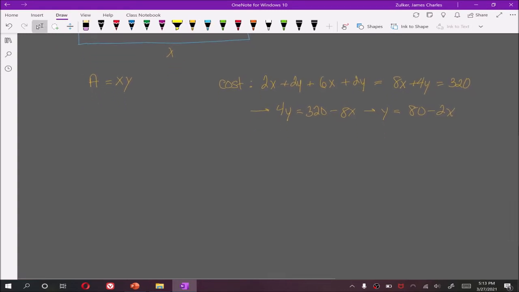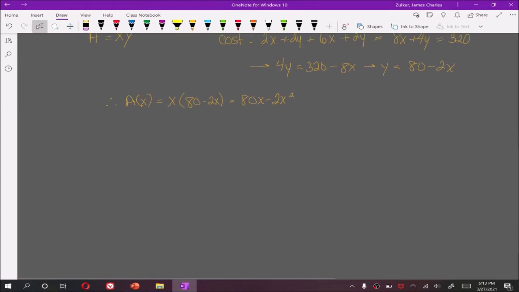We take this y, we'll plug it into the area, and we'll now have area strictly as a function of x times 80 minus 2x, which is 80x minus 2x squared. We now need to determine a domain. Well, first, we know that x must be greater than or equal to 0, right? It doesn't make sense to have a side that is negative length.